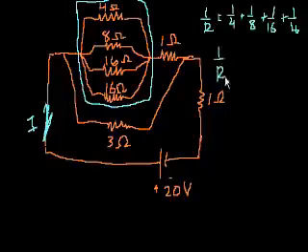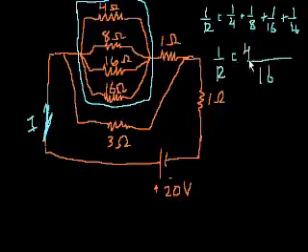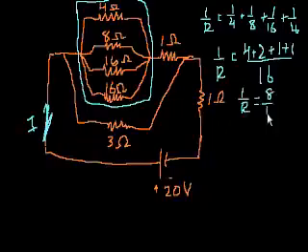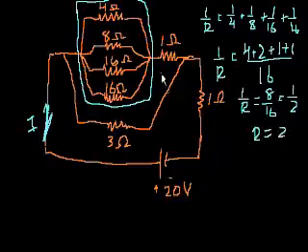Now it's just adding fractions, over 16. 1 over 4 is 4 over 16, plus 2 over 16, plus 1, plus 1. So 1 over R is equal to 4 plus 2 plus 1 plus 1, which is 8 over 16. The numbers are working out. That is equal to 1/2. So that equivalent resistance is 2 ohms. So quickly, we just said all of these resistors combined is equal to 2 ohms.